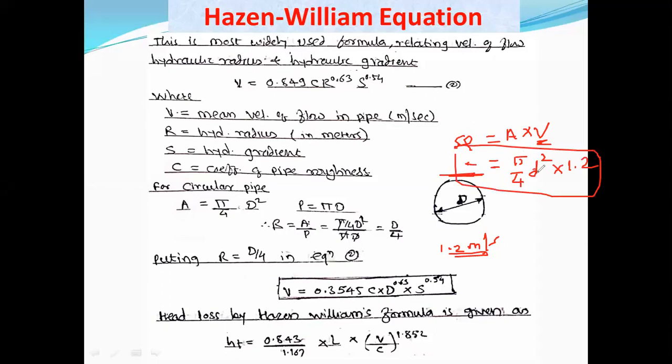You can find out the diameter of the pipe. Once you get the diameter, put the velocity value 1.2, the value of diameter, and the value of C as 100, and solve for S. In this equation there is only one unknown, that is S, and you will get the value of S.